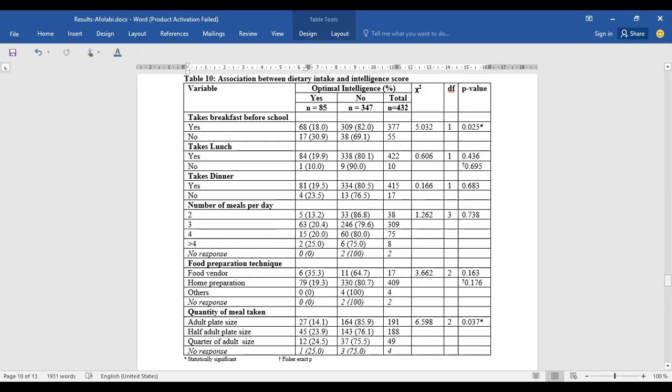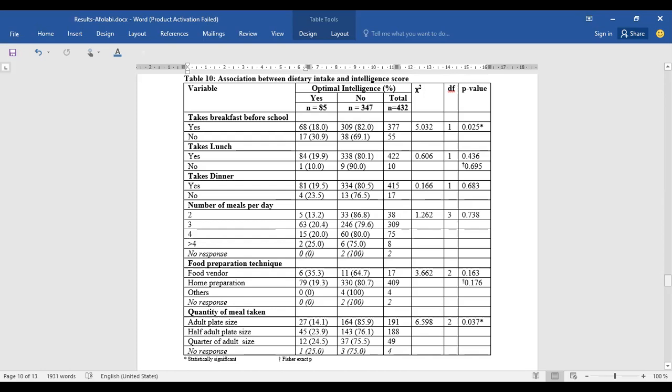No, breakfast is not Fisher exact P. It's the chi-square p-value. The ones where I put the asterisk to show that take lunch and food preparation techniques, those are the two that have Fisher exact P here. Exactly. Look at the sign I put, and they are not significant, so don't even bother yourself.